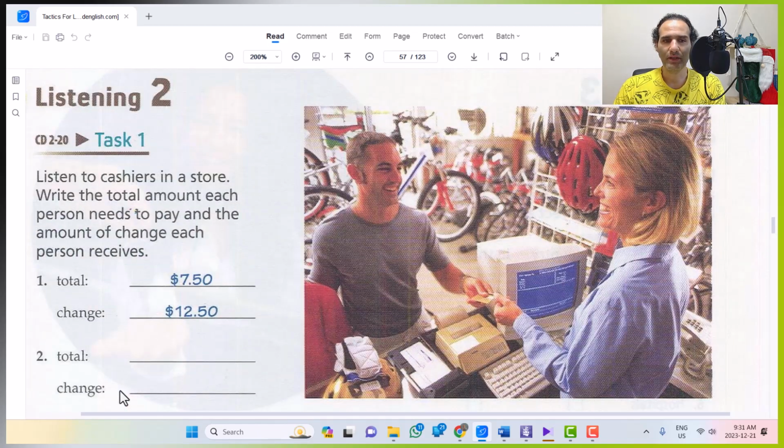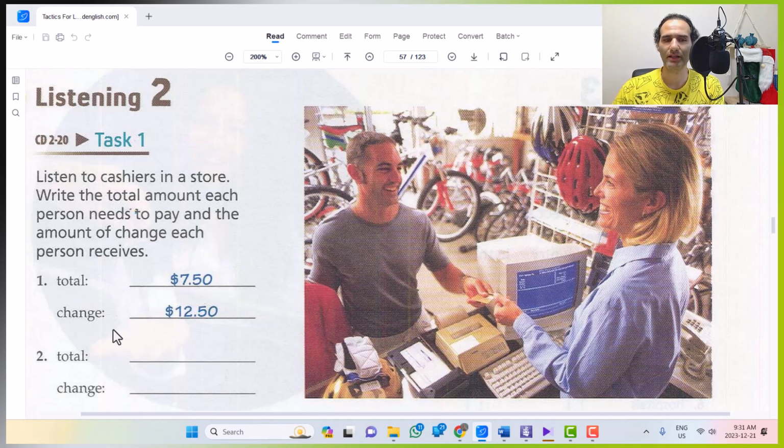Now we're listening to people at the register with cashiers in a store. How much is the total amount they should pay? How much is the change? So one of the meanings of the change is the money paid back to you. You buy something, for example, for $12.50 and you give a $20 bill, and then $7.50 is the thing that the cashier pays you back.